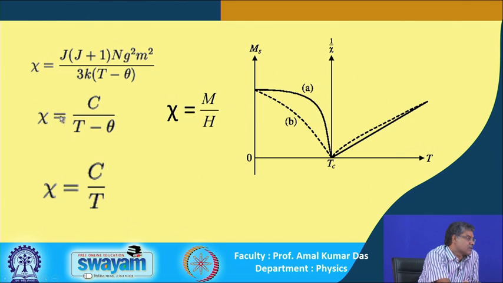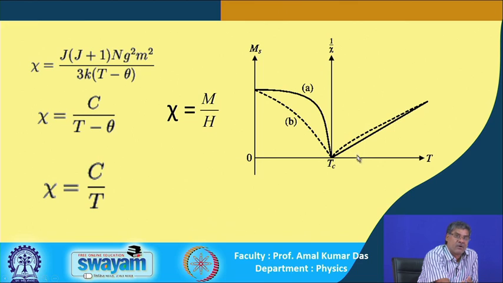So, chi is inversely proportional to the temperature. If you plot it, this curve will be a hyperbola, but if we plot 1 by chi versus T, the relation will be linear.